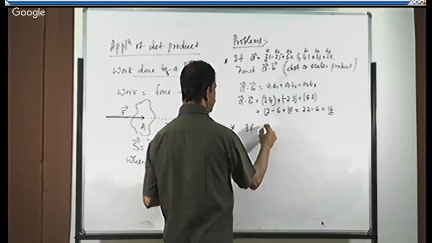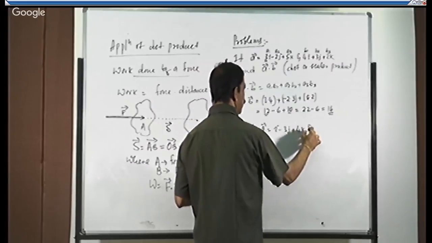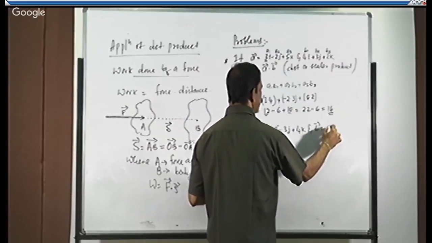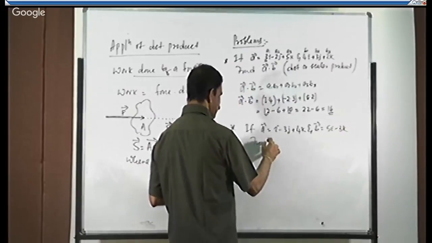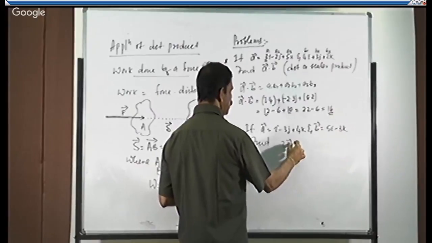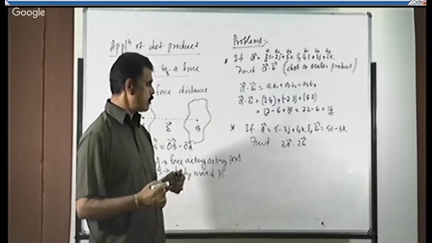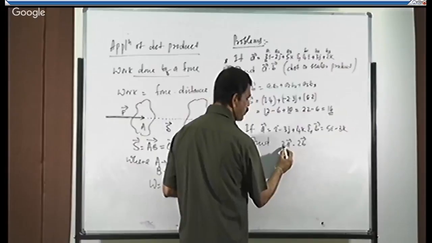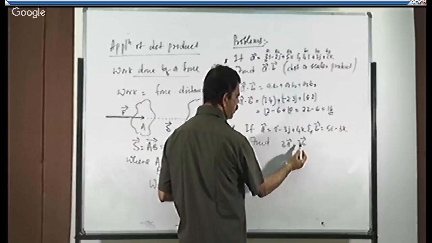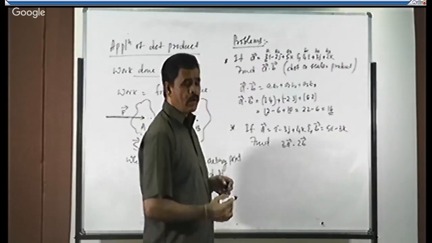Next problem, if A is equal to i minus 3j plus 4k and B is equal to 5i minus 3k, find 3A dot 2B. So 3 is a constant, which is to be multiplied with vector A, and 2 is multiplied with the vector B. The resultant vectors should be taken for dot product.